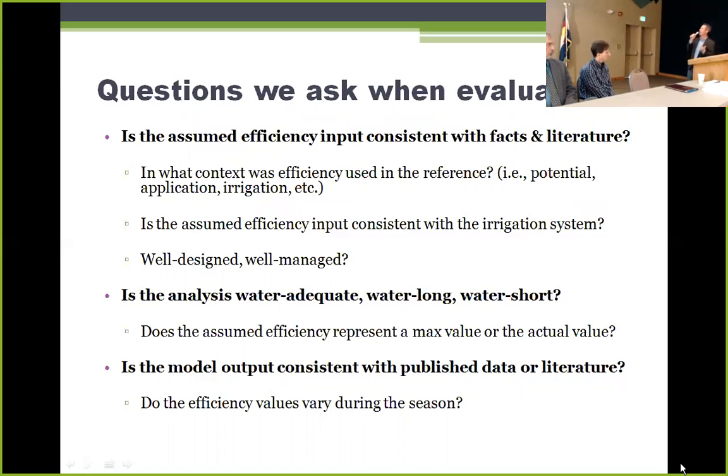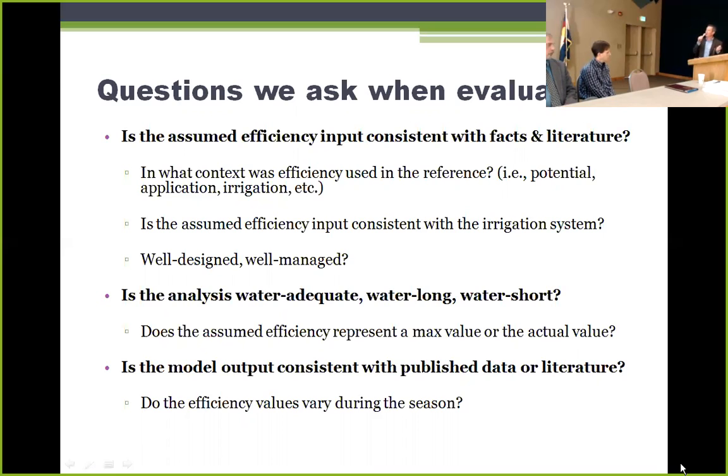Irrigation efficiencies? What context was the reference that we used to base our input on? Is that assumed efficiency consistent with the irrigation system? Are we giving consideration to what the literature says about that number? Was it well designed, well managed? So that's all on the input into the model.